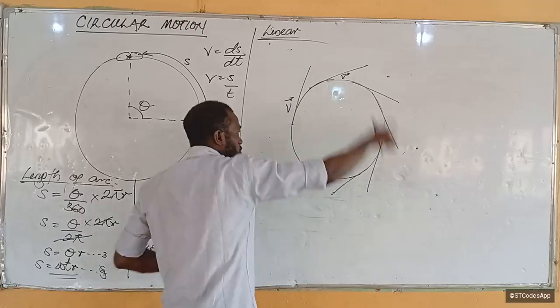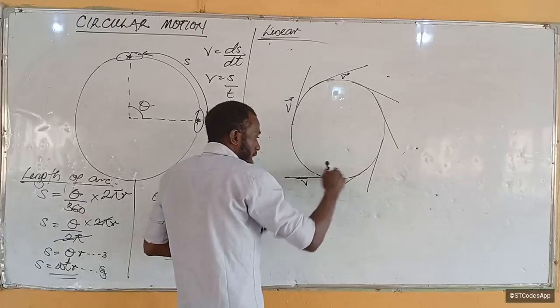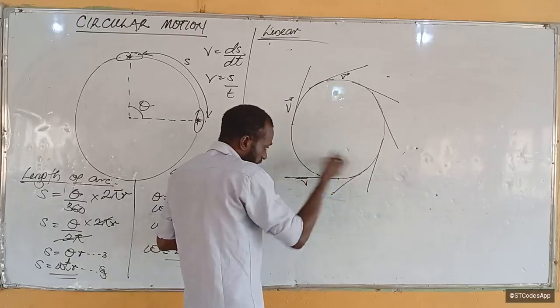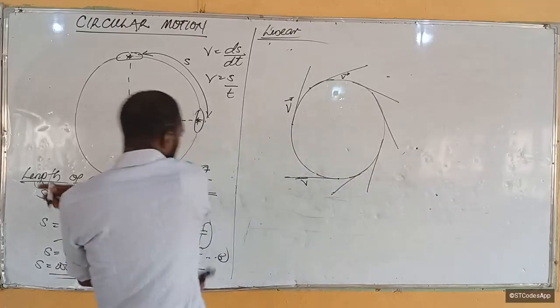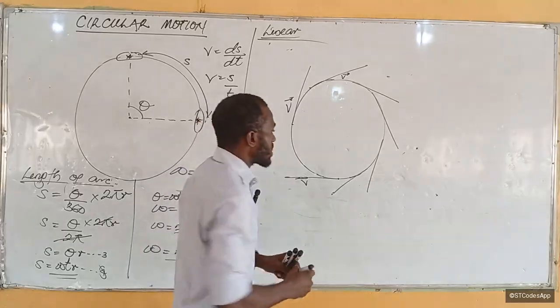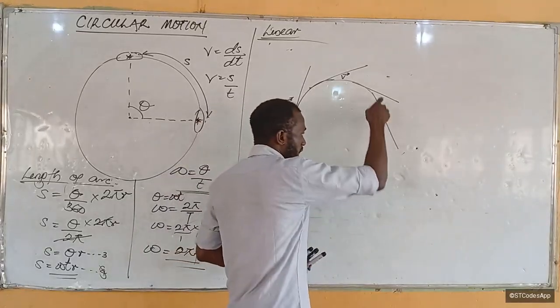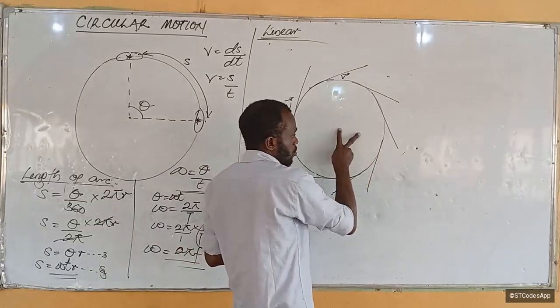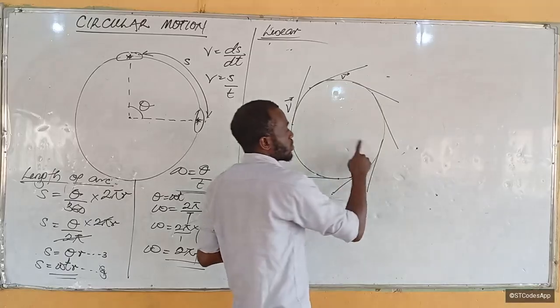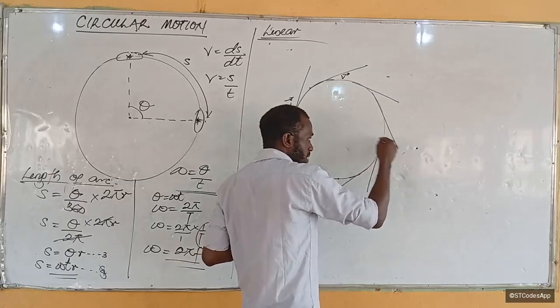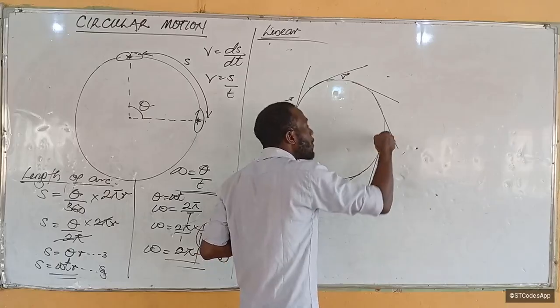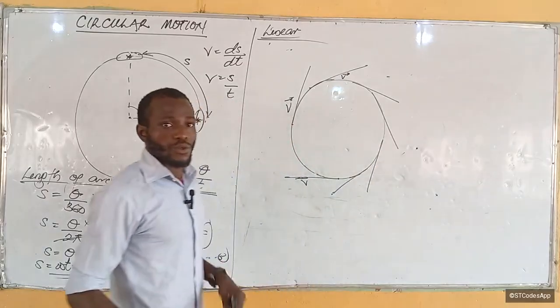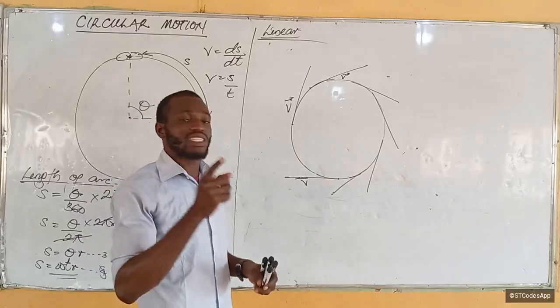So as this body is going like this, if the rope gets caught at the time it got to this point, it will move away like this. Do you understand? It will move in that direction, and that's because velocity has direction.